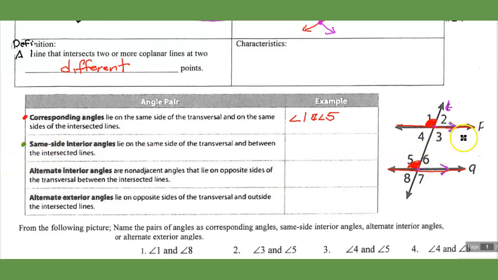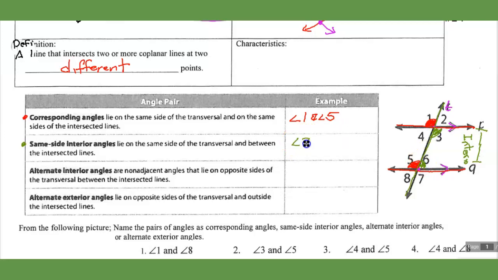Then we have same side interior angles. Interior means the interior of the two parallel lines, this interior. So we're talking about the same side of the transversal, in the interior. That would be, for instance, 3 and 6.